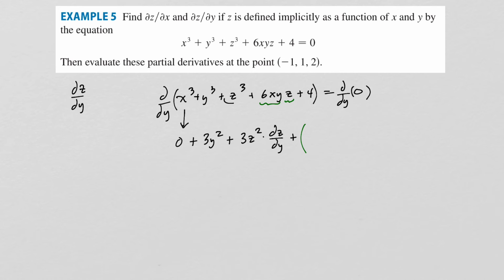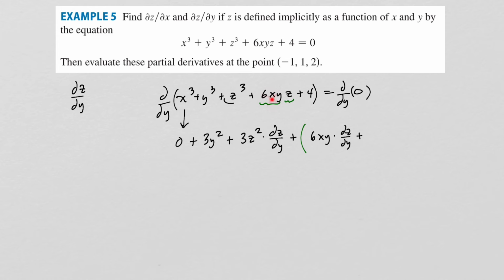Product rule says we take the first function, 6xy, multiply it by the derivative of z. We're taking the derivative of z with respect to y, so that is partial z, partial y. Plus, then we take z and we multiply it by the derivative of 6xy with respect to y. 6x is a constant, so the derivative of 6x times y with respect to y is 6x.